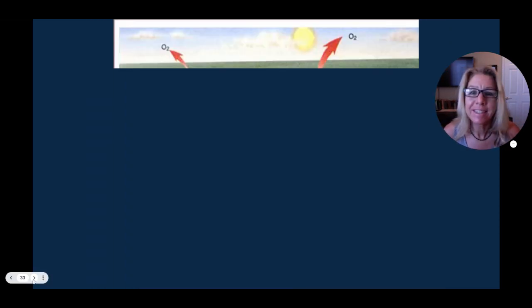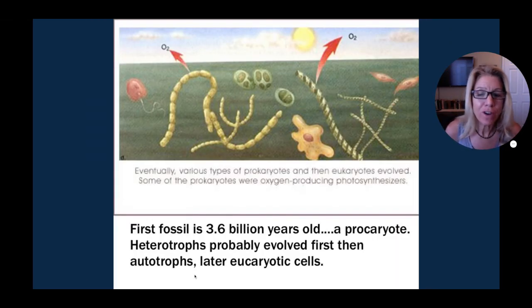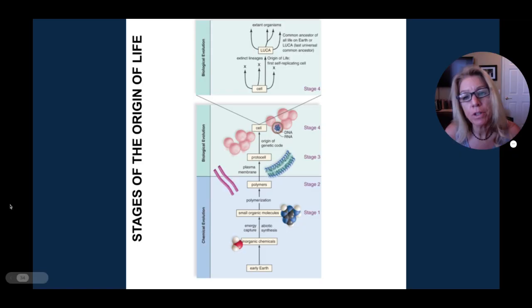All right. And so our first fossil is about 3.6 billion years old. So that would be more than, right, a prokaryote and a heterotroph. Later autotrophs and later still eukaryotic cells would have evolved. And then here is just showing you those stages.